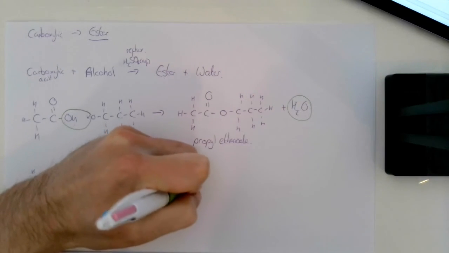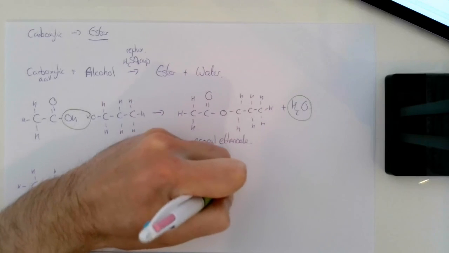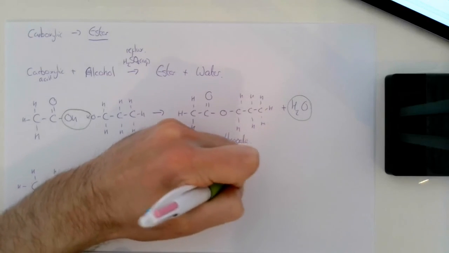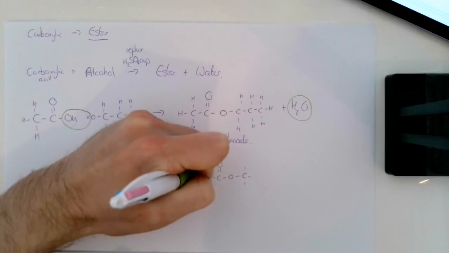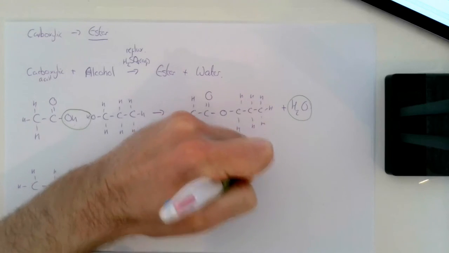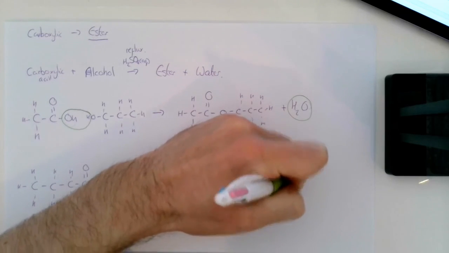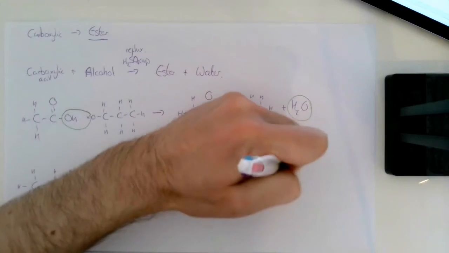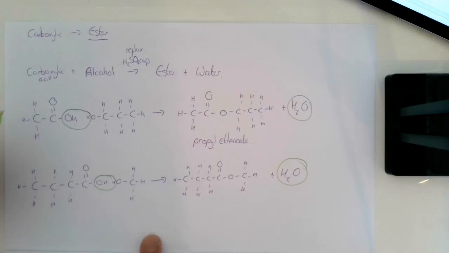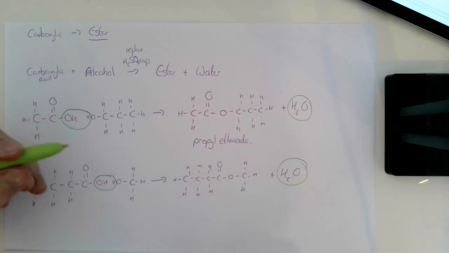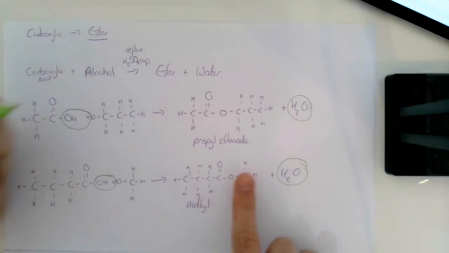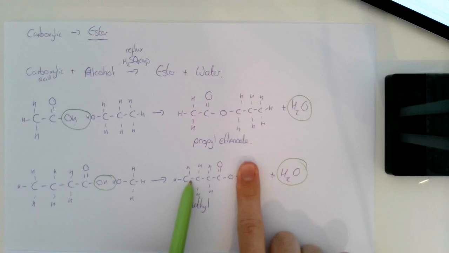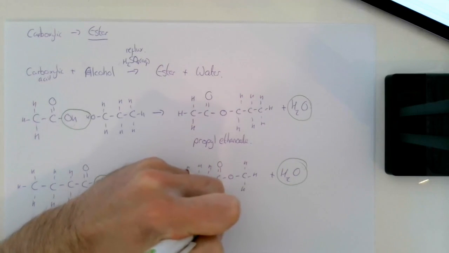So I'll have 1, 2, 3, 4, double bond O, O, and then a carbon attached to it. H2O is a side product, which again, that's where it's come from. So it's important you know where it's come from. And then this would be called, so we've got a single carbon instead of 3 carbons as we had before, a single carbon. So that would be methyl. And then the part that we've practiced before, methyl butanoate.